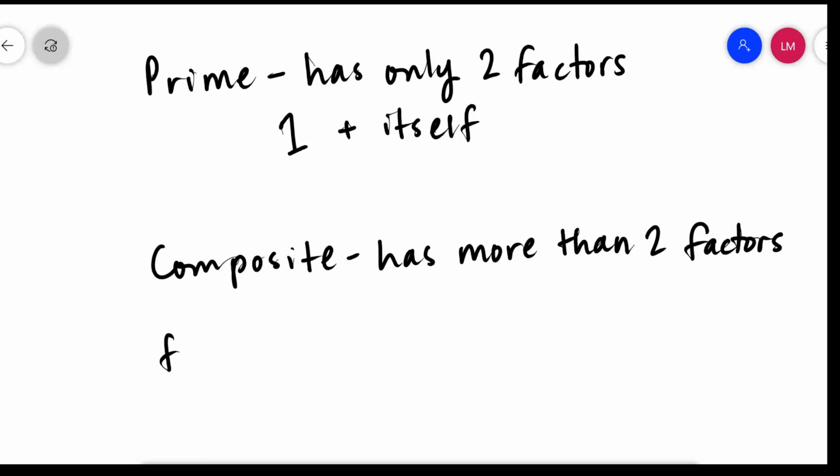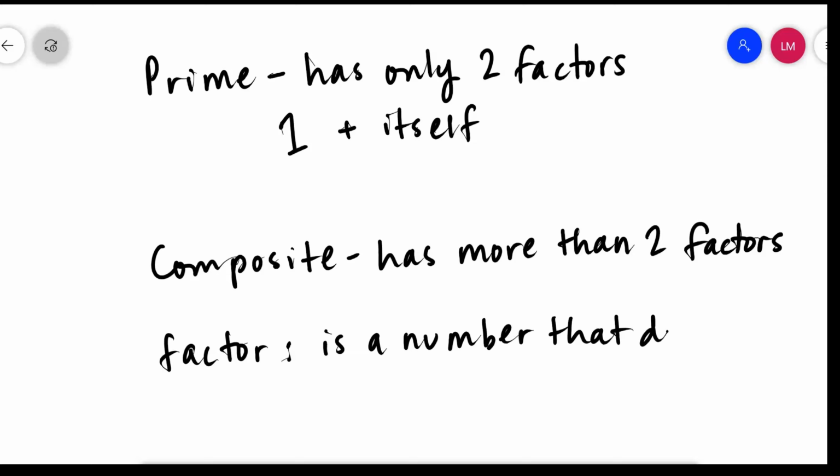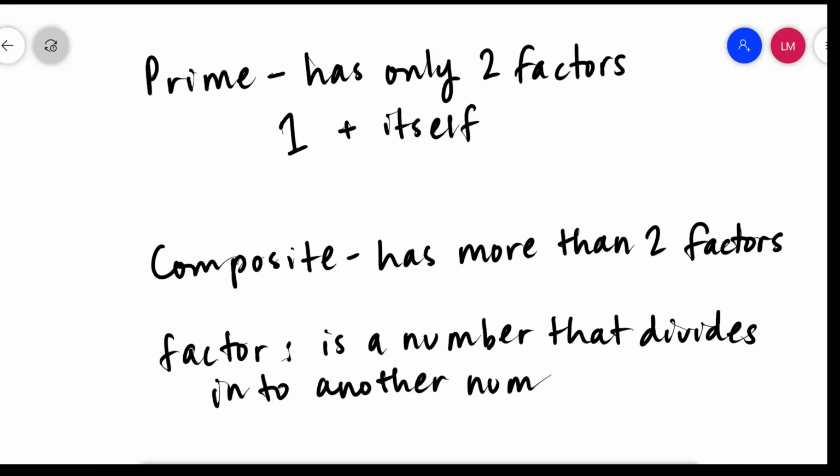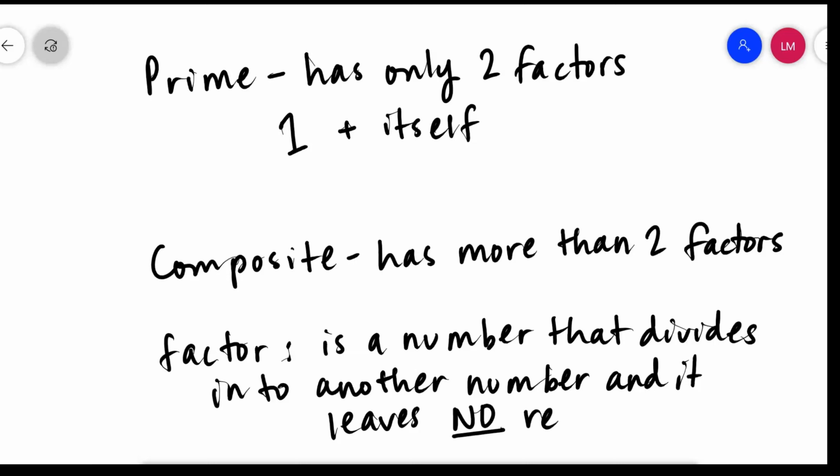Now, if you need the definition of a factor, because you've heard me say it all throughout this video, a factor is a number that divides into another number and it leaves no remainder. Emphasize that, no remainder. Okay?